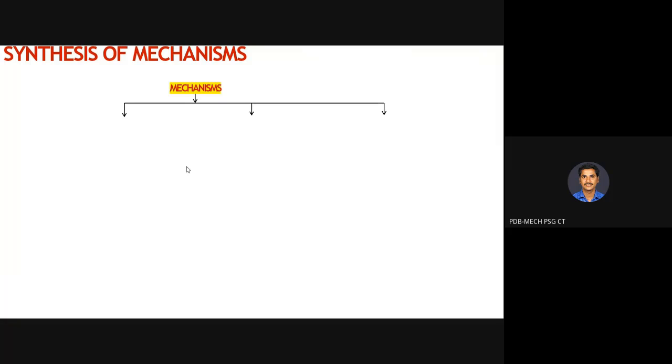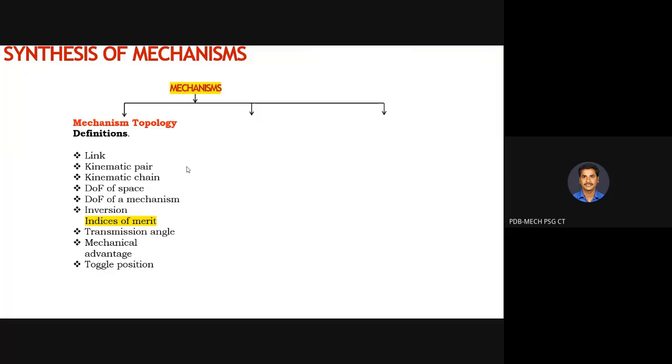Initially we started with understanding what is meant by mechanisms, and in mechanisms we learned what is meant by a link, then kinematic pair, kinematic chain, and degrees of freedom of mechanisms in space as well as in planar motions. Then we discussed the inversions of the 4-bar mechanism, then indices of merit like transmission angle, mechanical advantage, and toggle positions.